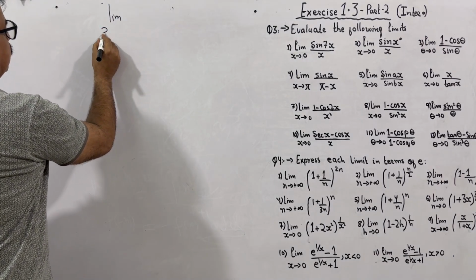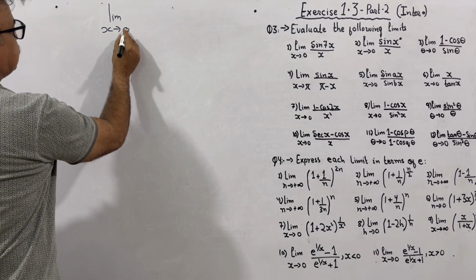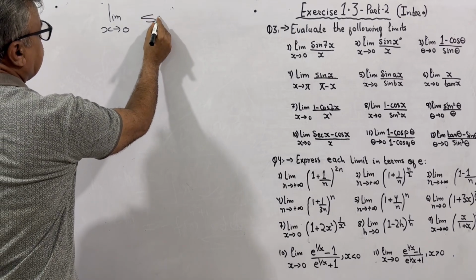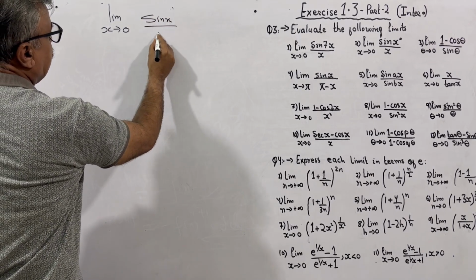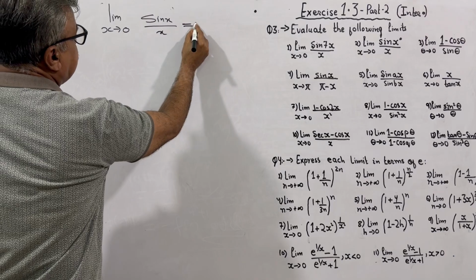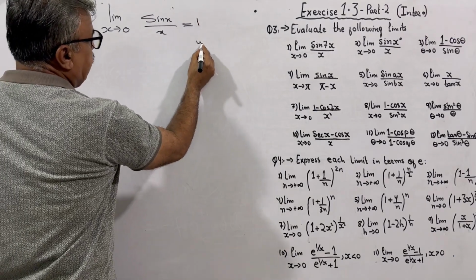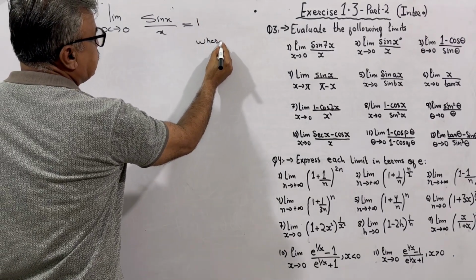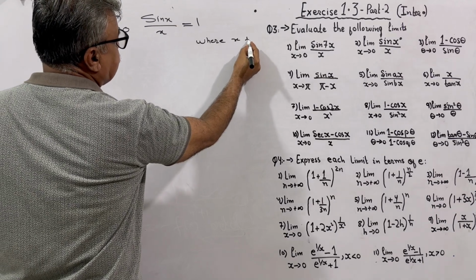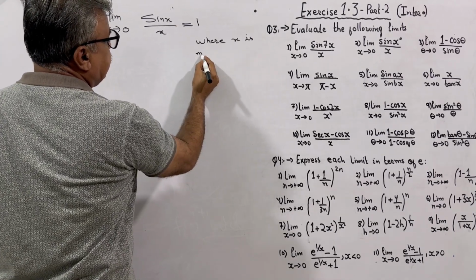Let me give you a good idea about the identity: limit x tends to 0 of sin x over x is equal to 1, where x is measured in radians.